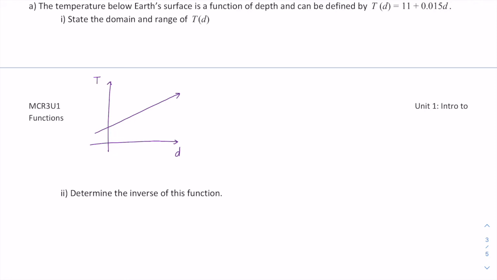Now, D at 0 right here is going to be the surface of our Earth. So that's what we're going to write, that we're just assuming that. Assume D equals 0 is the surface.